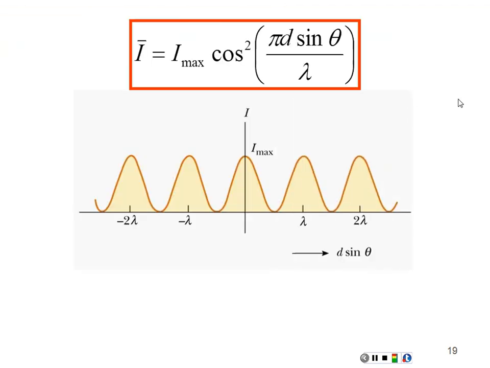If we were to graph it as a function of d sine theta, we would find with each increasing lambda, 2 lambda, into this expression for d sine theta, we would get a repeat of the cosine function, and square that, we get an intensity peak at those points. So this is showing where our maximums and our minimums are on our intensity distribution.